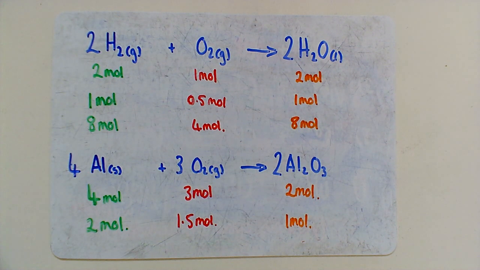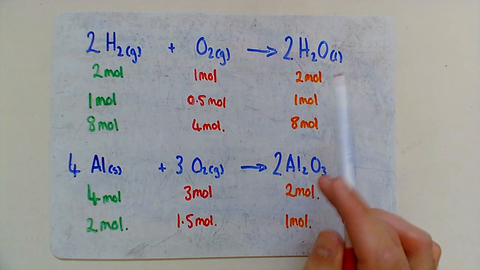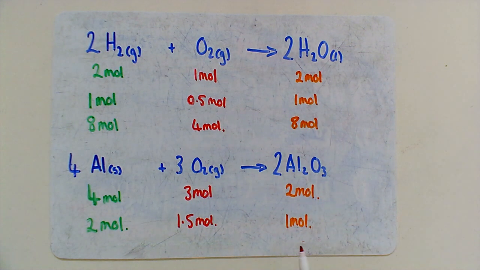And so you can see, by working out the molar ratio in the equation, we can then use that ratio to work out, if we change one of the moles, how much we'll need to change of every chemical. Now that is the starting point.